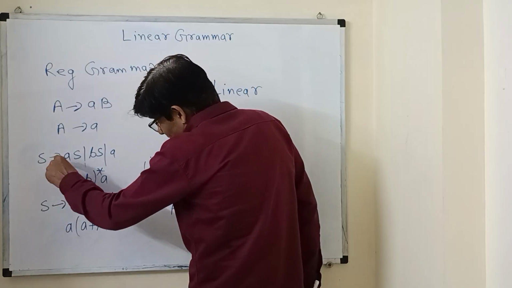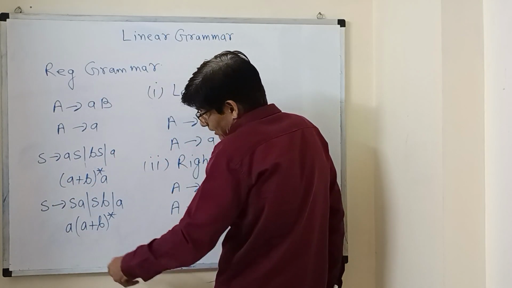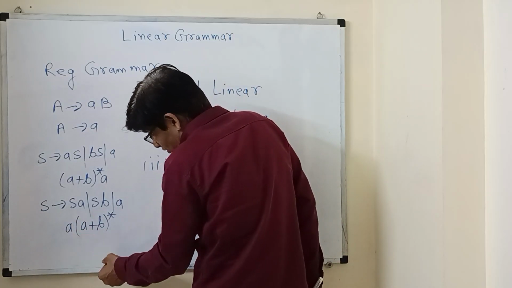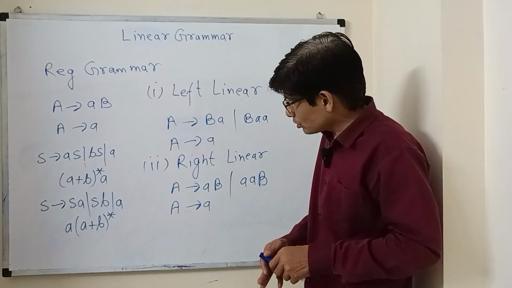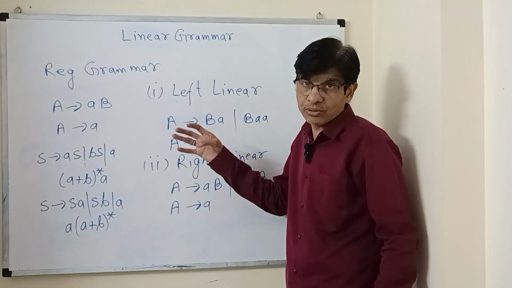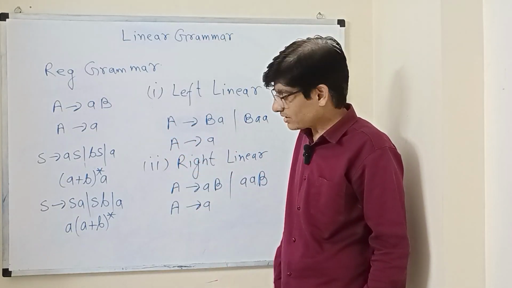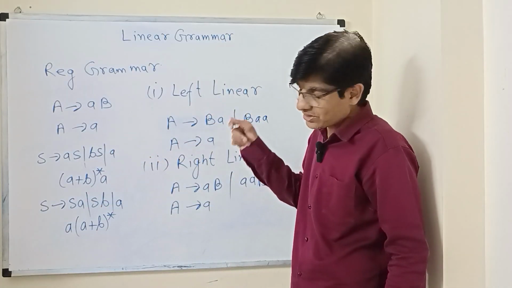It was generating all strings of a and b ending with a. Now this particular grammar will generate all strings of a and b starting with a. This is a very interesting and useful thing about left linear and right linear grammar, and this property we will use in some conversions.